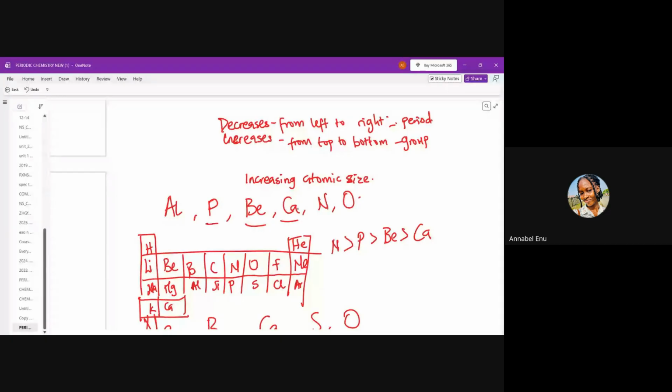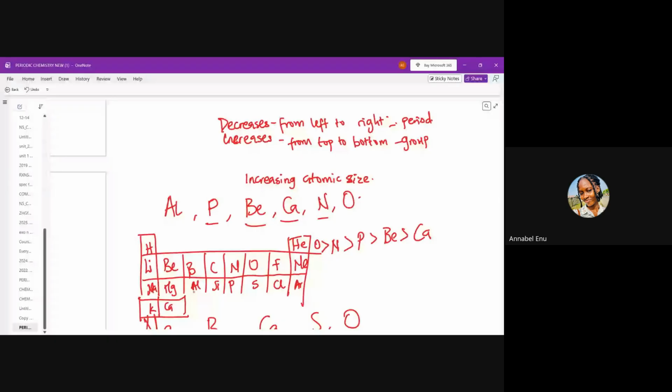And then oxygen. You see, oxygen is here. It's decreasing across the period, so oxygen is going to be less than all these ones in that period. So oxygen will be here. And then aluminium.